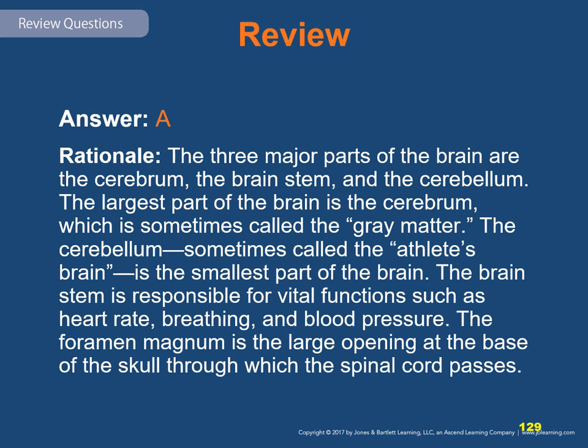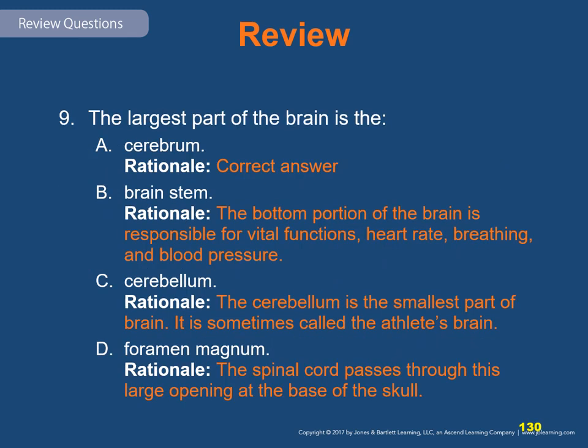And the brainstem itself is responsible for vital functions such as heart rate, breathing, and blood pressure. The foramen magnum is the large opening in the base of the skull through which the spinal cord passes from the brain into the spinal column. So we covered all of the wrong answers in the explanation for the correct answer, so I'm not going to review them here.